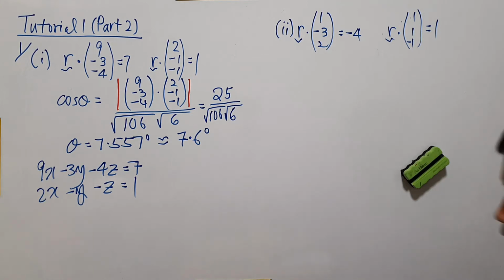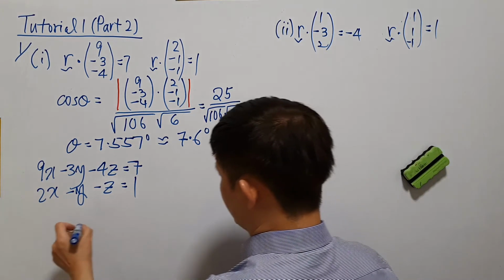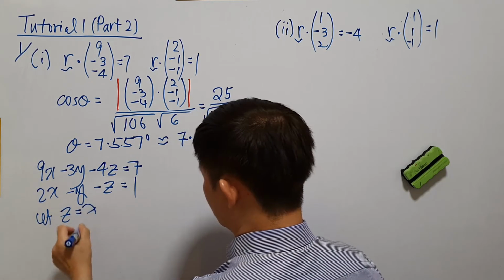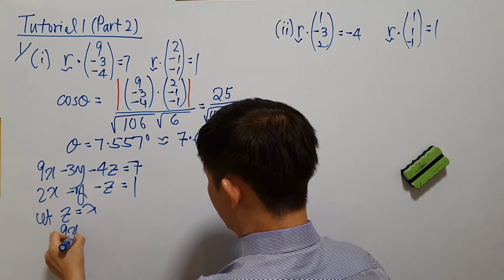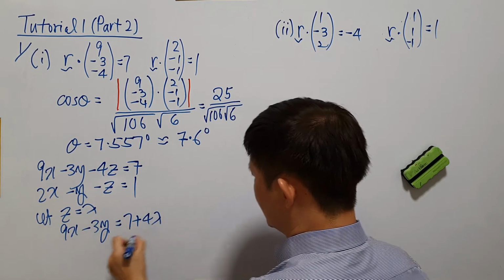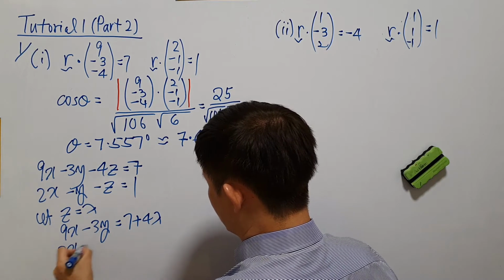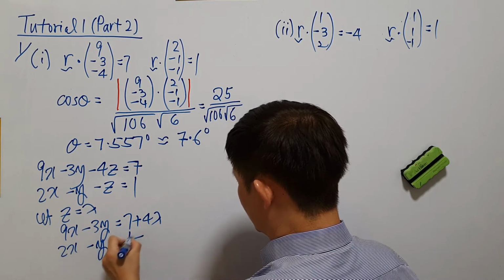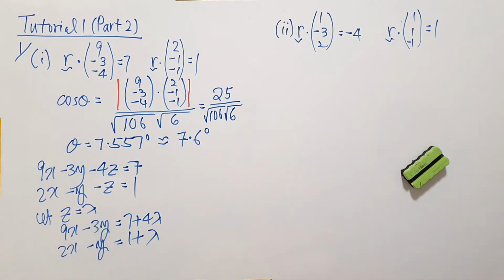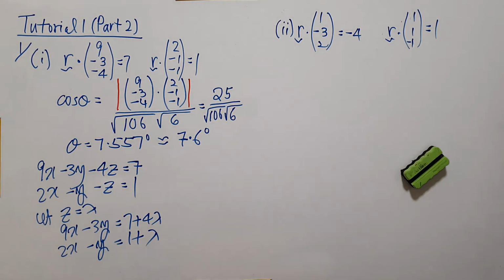What we are going to do is rewrite this by letting z equal lambda. So this gives you 9x minus 3y equals 7 plus 4 lambda, and 2x minus y equals 1 plus lambda. So we have simply replaced z with lambda, and we now have 2 equations in x and y that we intend to solve for x and y in terms of lambda.